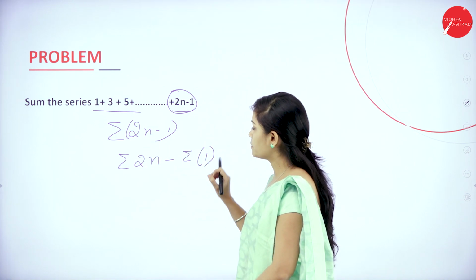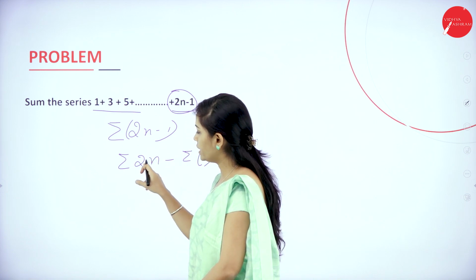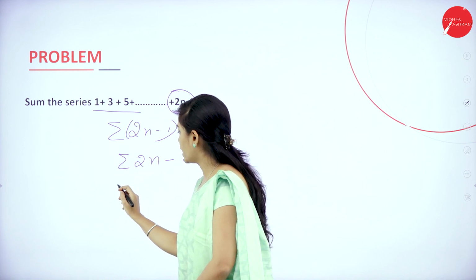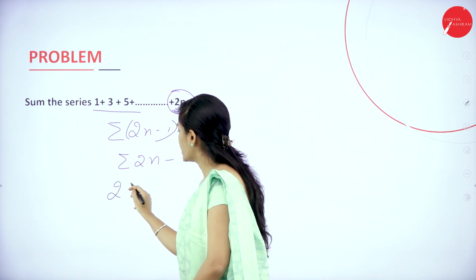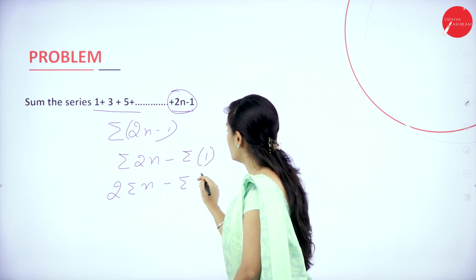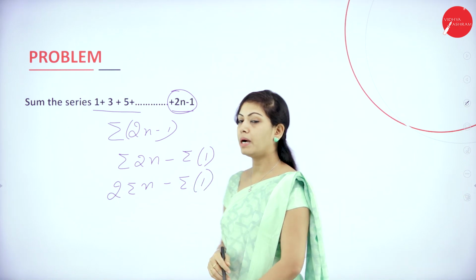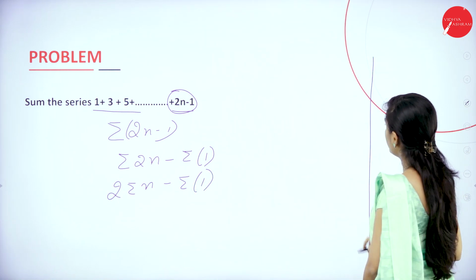So now I'll simplify this again. So here with n, you have one integer called 2, right? So again, I will take this outside, then it will be 2 sigma n minus sigma 1. So I hope you have studied mathematical induction proof, right?